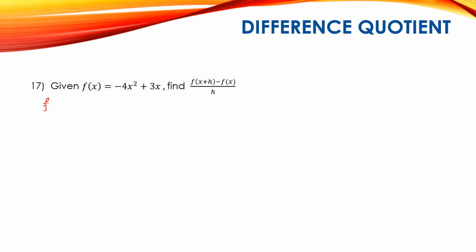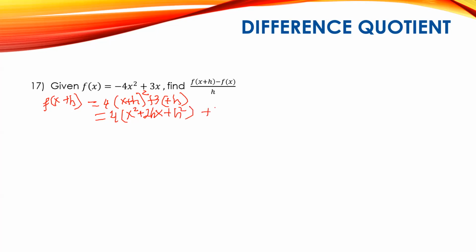We have negative 4. You have to find f of x plus h first, because they asked us to find the difference quotient. For f of x plus h, you just plug in x plus h for x: 4 times x plus h squared, plus 3 times x plus h. x plus h squared is x squared plus 2hx plus h squared.